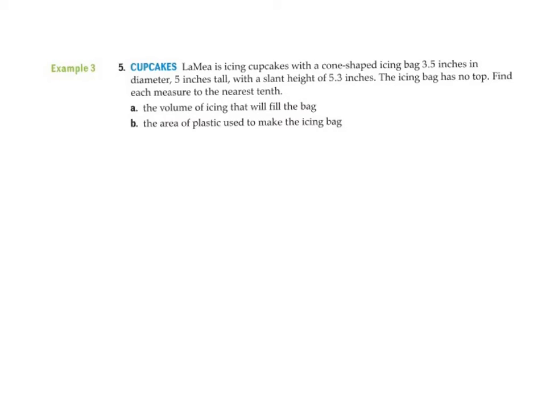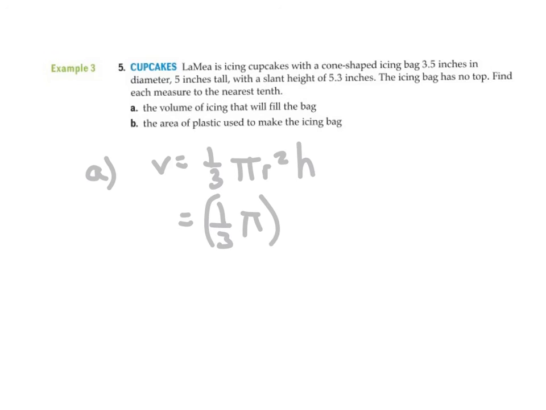I'm just going to do 5A to start off with and leave it at that. The volume, if you remember rightly, so V equals 1/3 pi r squared h. Again, put things in parentheses, so you can put the 1/3 pi in a parenthesis, that will help you.